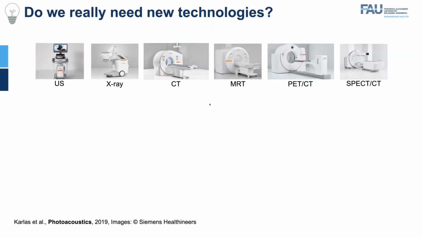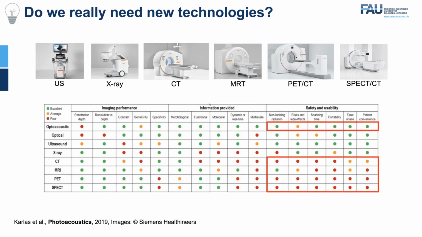And here I have drawn a huge setup of technologies which could be used to image maybe muscles, which is what we want to do. If we look at safety and usability, drawn here in red on the bottom, you see CT, MRI, PET, SPECT. They have, I would say, a huge problem concerning ionizing radiation, also portability or scanning times. They all have huge efforts on this side. And if you compare to optoacoustic imaging, I think there are huge advantages on the side of optoacoustic imaging.